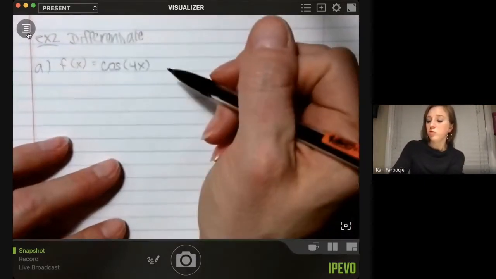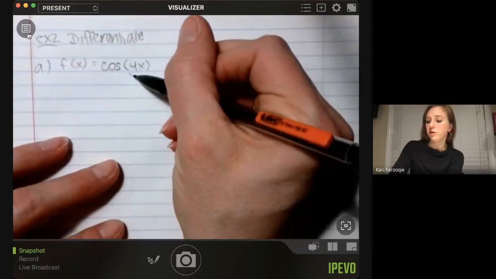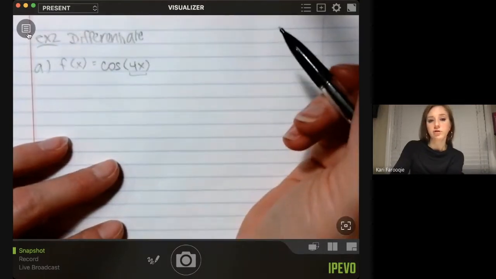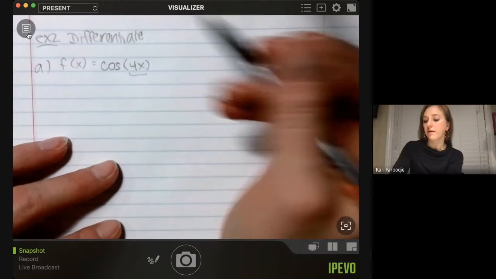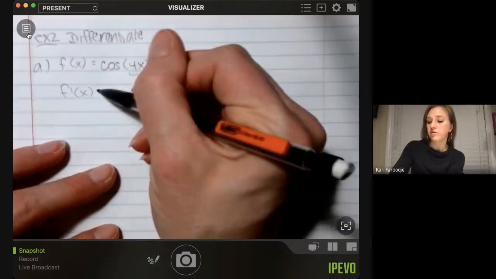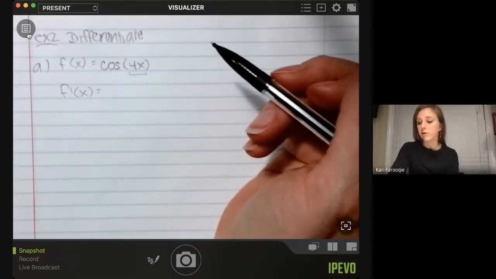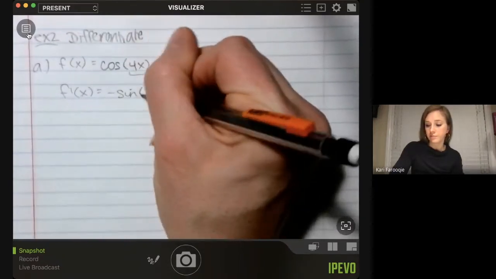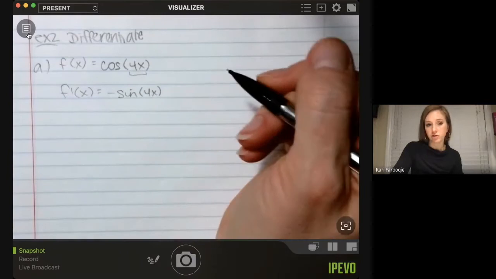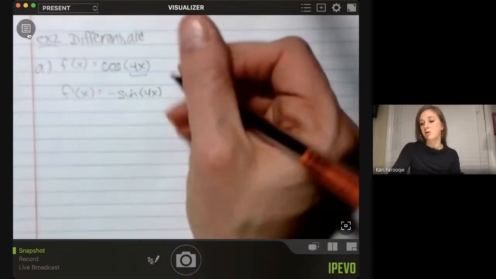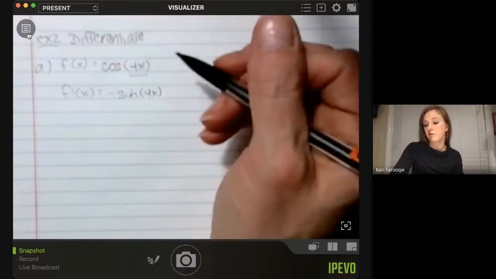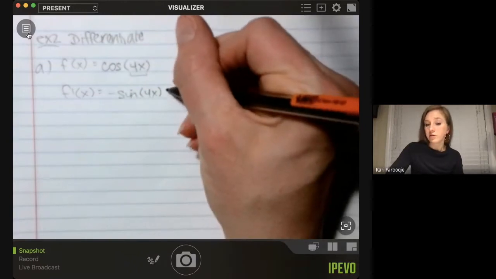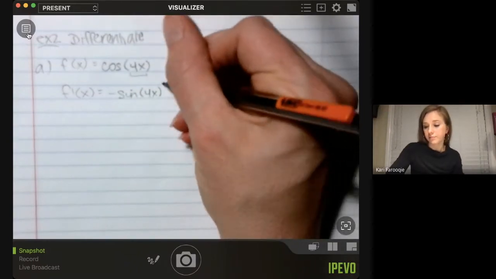If I'm taking the derivative of this function, it's very important that I note that I have an inside function here of 4x. So when I take the derivative, I'm going to take the derivative normally to start out. The derivative of the cosine is the negative sine. I'm going to keep my inside function just the way it is. And then I'm going to chain on the derivative of the inside function.